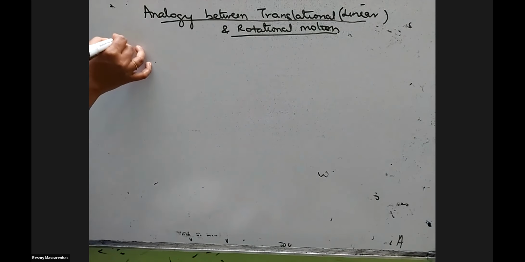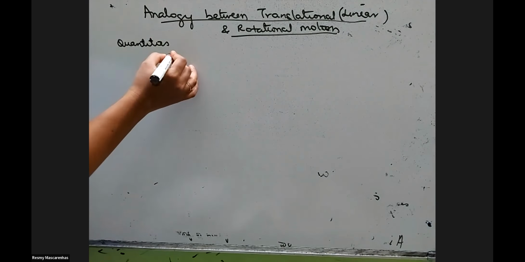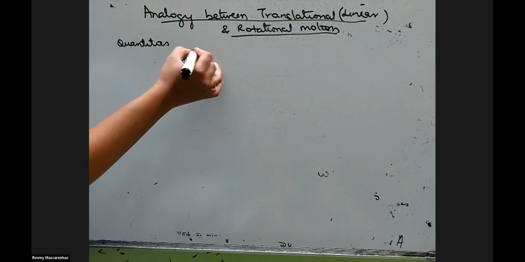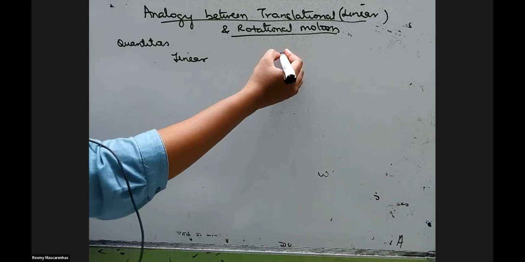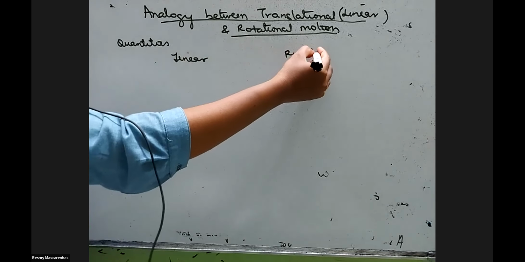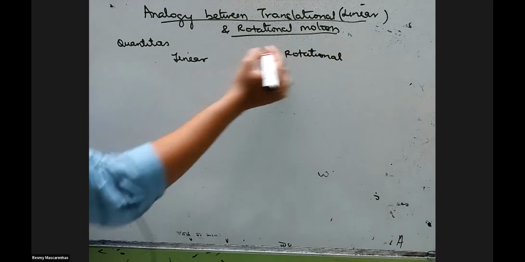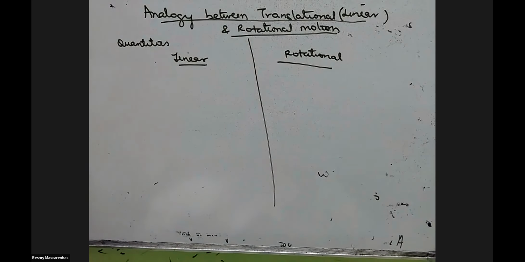So these are all the quantities which I'm giving. One is for linear, the other one is for rotational. The first one is, it's all over again, just a revision.